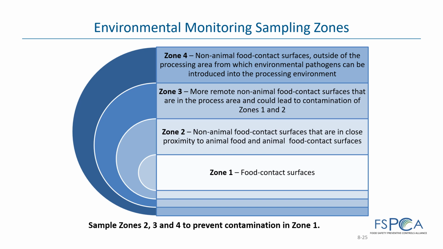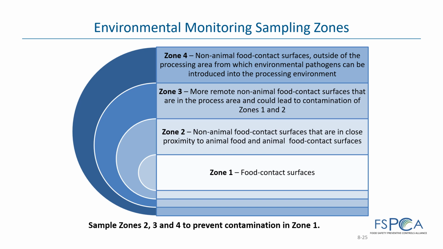Zone 1 is going to be our food contact surfaces, and these are our highest priority. This is where our product is actually touching a contact surface that could have a pathogen on it. Sometimes those are going to be difficult to sample just because they are actually used in production, and if you have production going 24/7, 365, that can be difficult. It's not saying you shouldn't, but they can be a little bit more difficult to get.